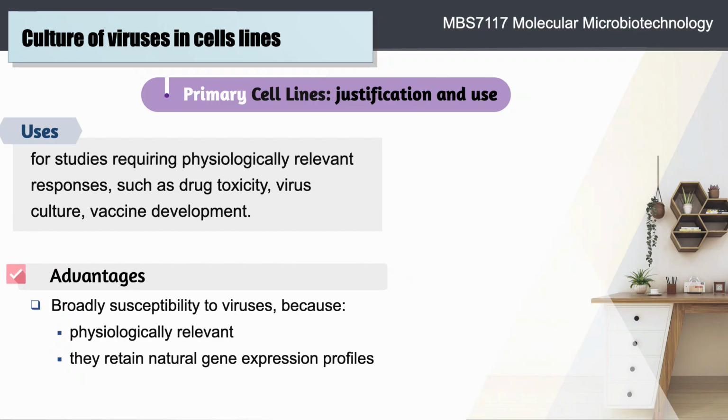What are the advantages of using the primary cell lines? They're broadly susceptible to many viruses because they are physiologically relevant, they have maintained most of the parent characteristics, and they retain the natural gene expression profiles.